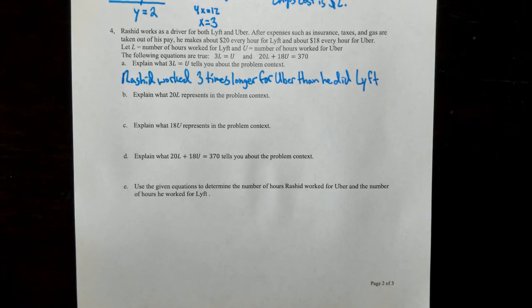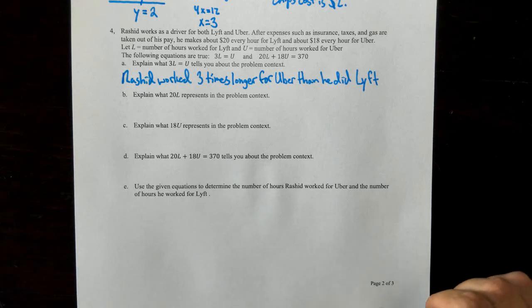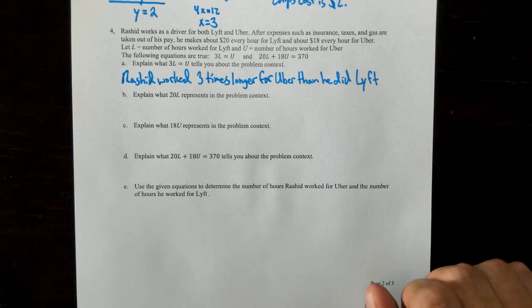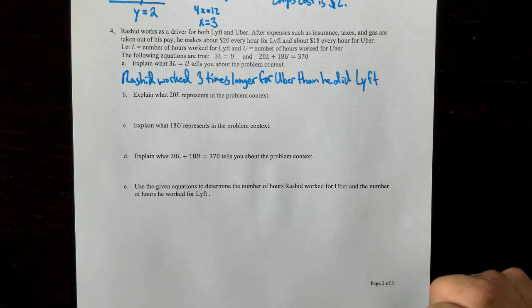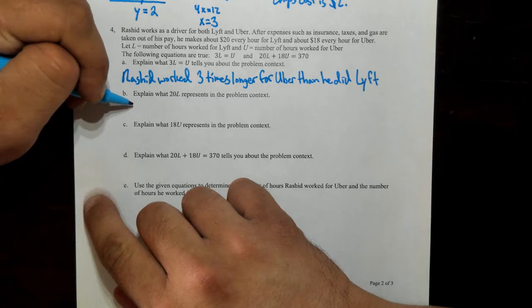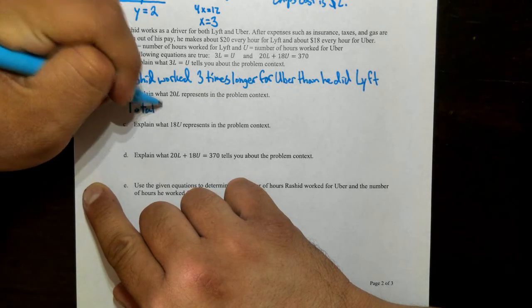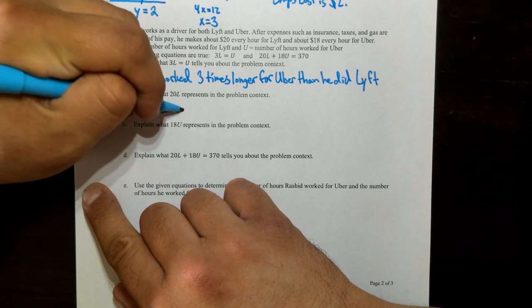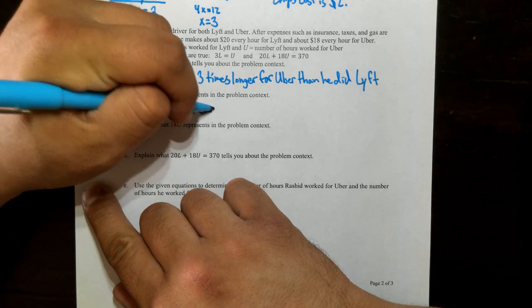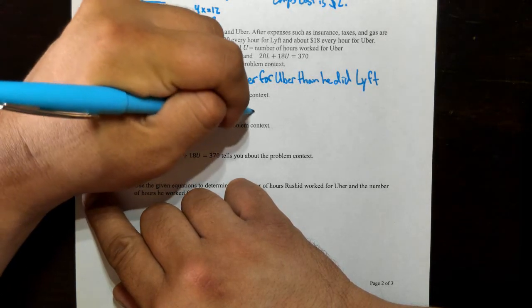And then part B, explain what 20L represents in the problem context. So 20L, let's see. Well, L represents the number of hours he worked for Lyft, and he makes $20 every hour. So what 20L represents is the total money earned from working at Lyft. Total amount earned from Lyft.